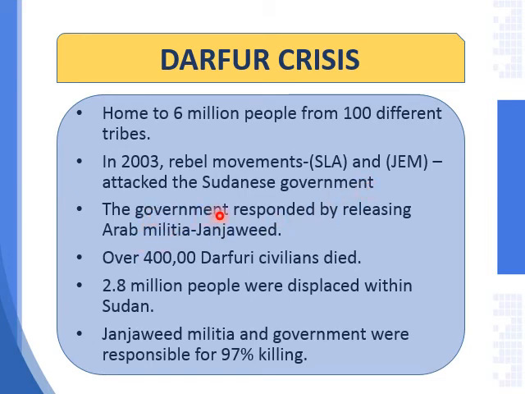The government responded by releasing the Arab militia called Janjaweed. Over 400 Darfuri civilians died. 2.8 million people were displaced within Sudan. The Janjaweed militia and the government were responsible for 97% of killing.